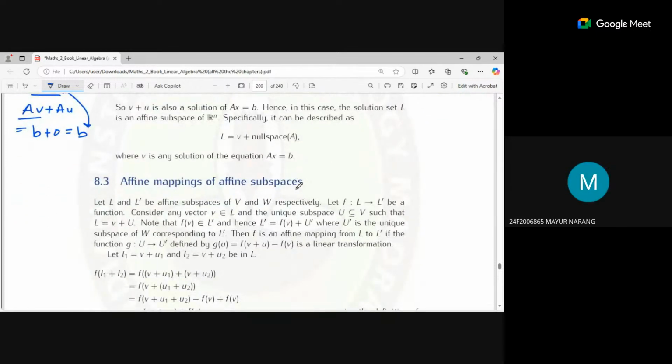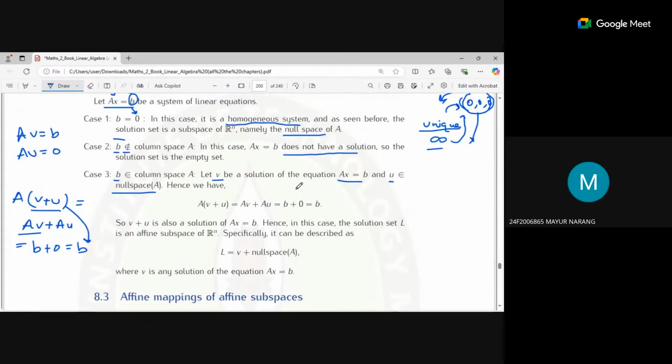Regarding the column space part: if B belongs to the column space of A, what does that mean? Suppose you have 1, 1, 2, and 3 here, and here are your variables x and y, and you have b such that it is 5 and 7.